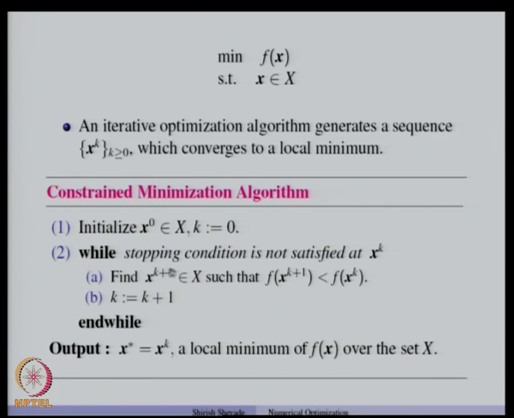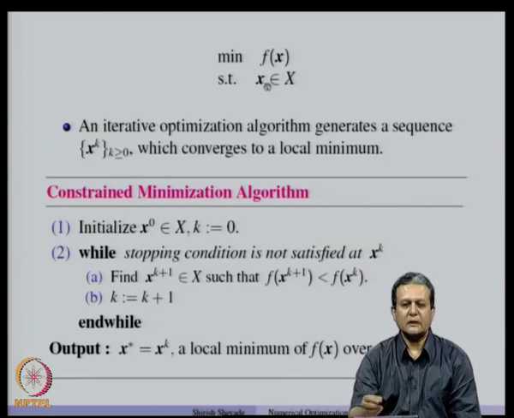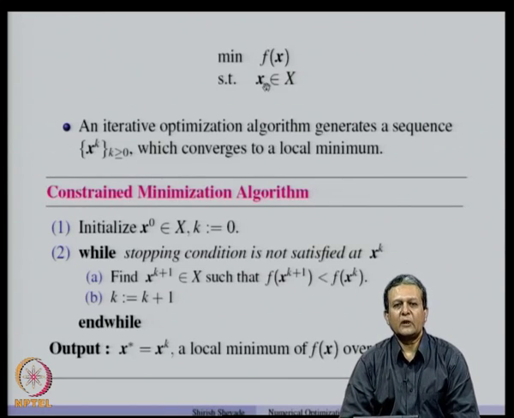Now, what we are interested in is the stopping condition that needs to be satisfied at x k. If you recall, for an unconstrained problem, we chose the stopping condition to be the norm of the gradient less than some epsilon, but that condition cannot be directly used for a constraint problem, because the gradient of the objective function may not vanish at a local minimum of a constraint problem.